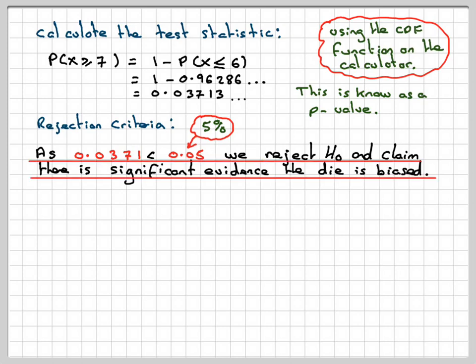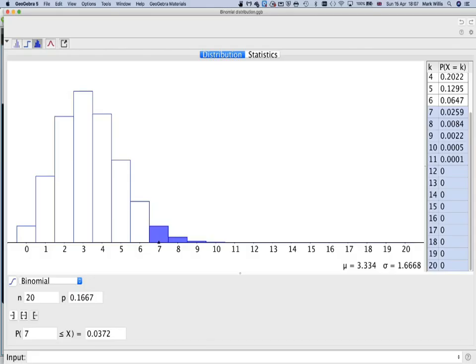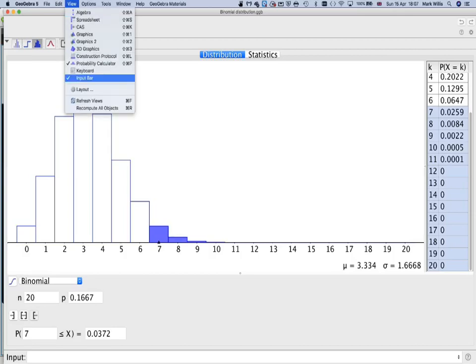You don't have to do this, but it's quite good to look at this using a diagram. So if we go back to my computer, to GeoGebra, this is the probability calculator in GeoGebra.